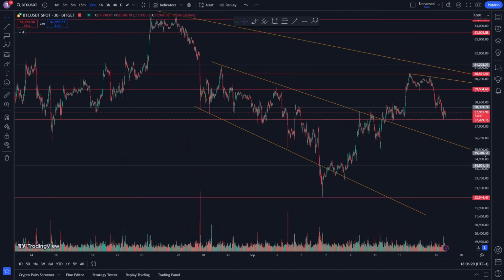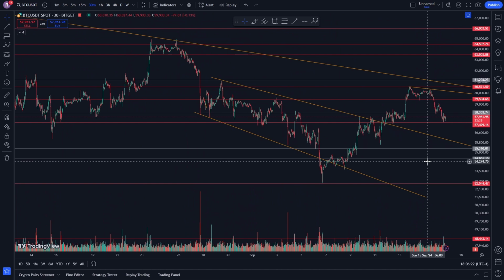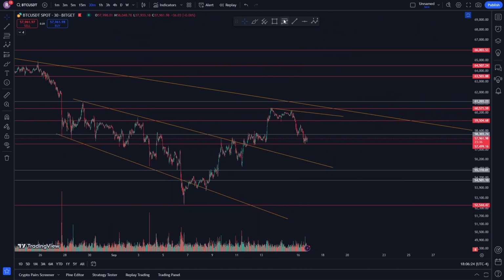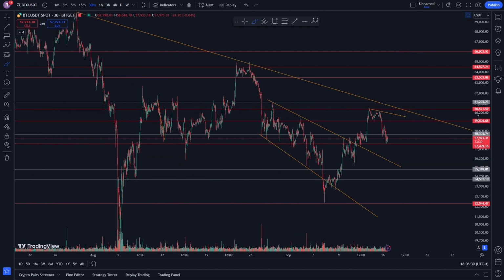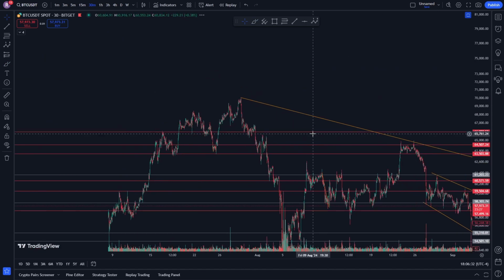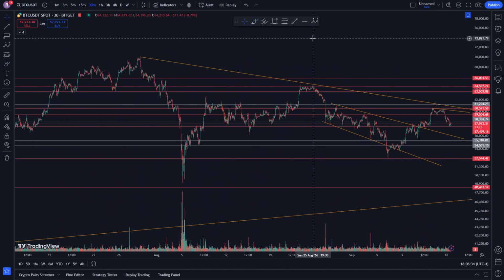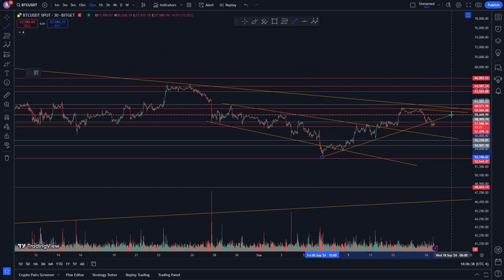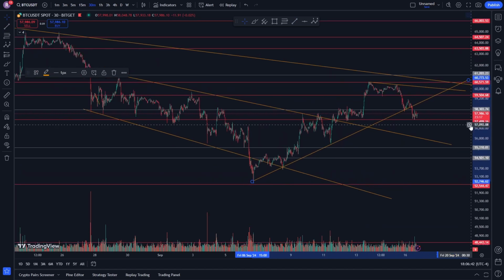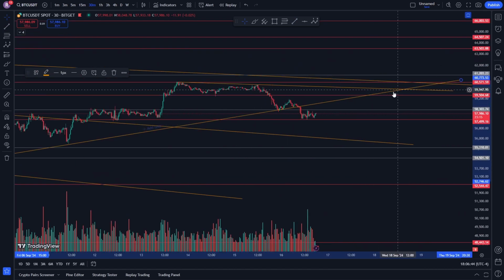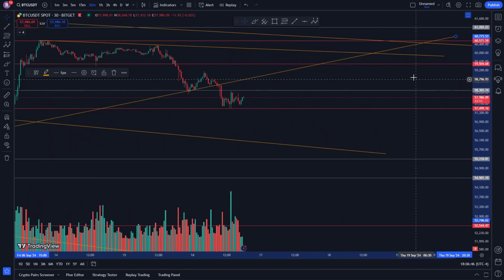Something to note is that the best long positions come off of bouncing off of these old downtrends, and the best short positions come from rejecting old uptrends. So looking at it like this, where does this old uptrend line up? About 60k, 55.5, 60k.